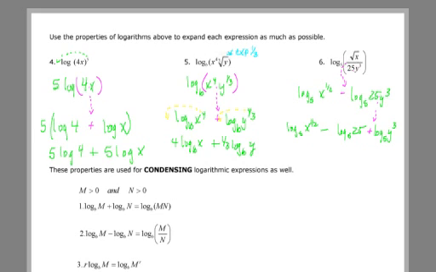Since the 25 and the y cubed were both at the bottom, and I split those up, this subtraction actually goes on both of them, so I need to enclose that in parentheses, which will remind me that I'm going to have to distribute that negative or that subtraction. Be careful with that. I'm splitting this up, but since there are two pieces at the bottom, this subtraction goes with both of those pieces when I split it up, so this subtraction is going to have to distribute.